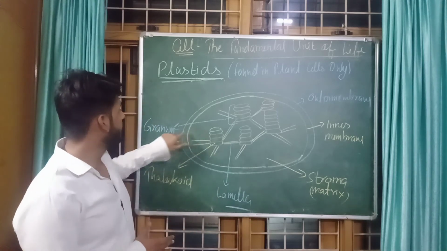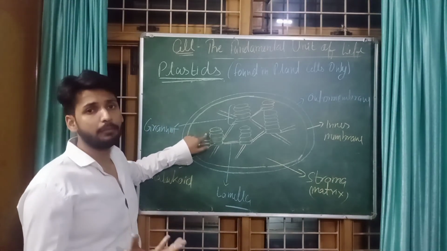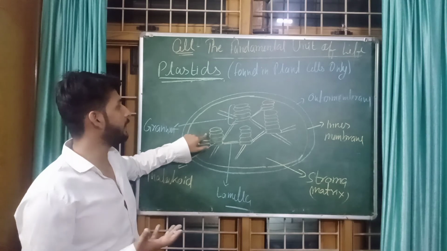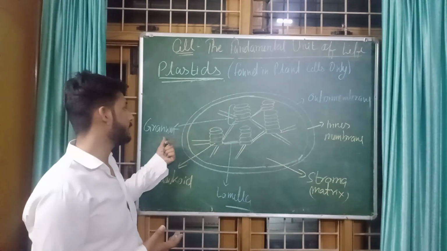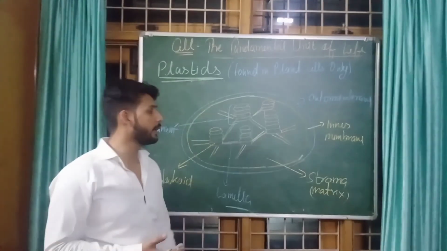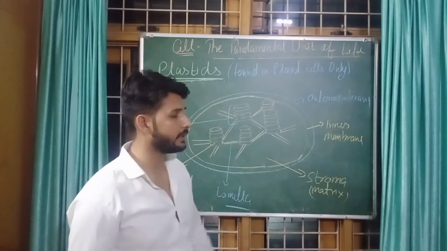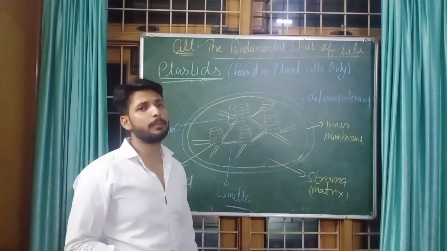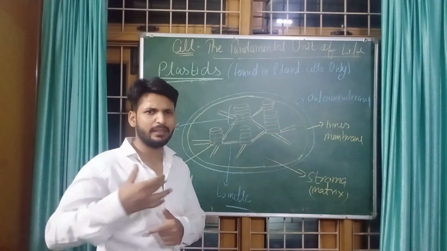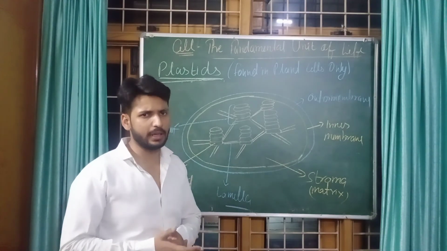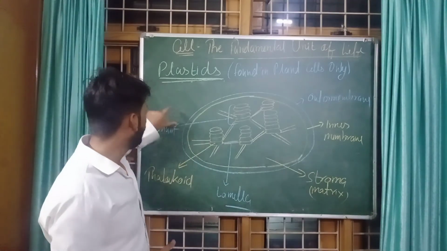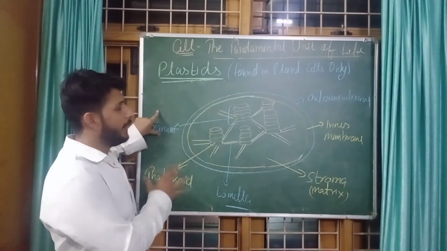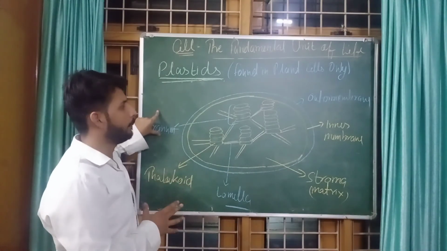In granum chlorophyll is present, so the light reaction of photosynthesis takes place in granum, and the dark reaction of photosynthesis takes place in stroma. One is dependent on light and the other is not dependent on light. These reactions you will study in class 11. So here we can see the structure of chloroplast.